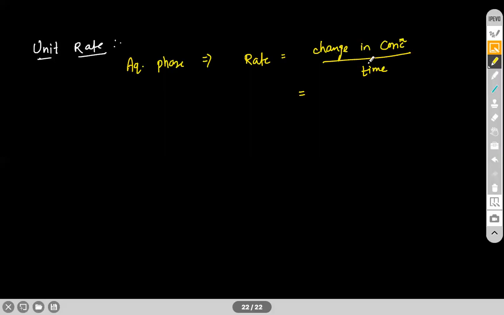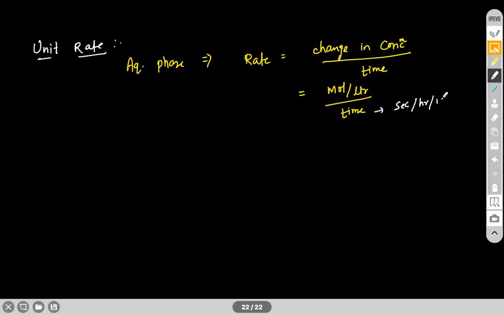Concentration is what? Mole per liter, divided by time. The unit of time could be anything. It can be second, hour, minute, day, week, year, anything is possible. Depending upon that, we can write down the units. So mole per liter per time is the unit of rate in aqueous phase.